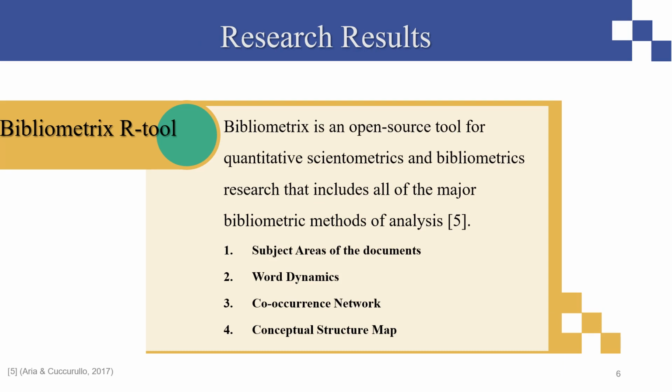The bibliometrix R tool is an open source tool for quantitative science, scientometric, and bibliometrics research that includes all of the major bibliometric methods of analysis. In this paper, we created 4 types of analysis: subject areas of the documents, word dynamics, co-occurrence networks, and conceptual structure map.